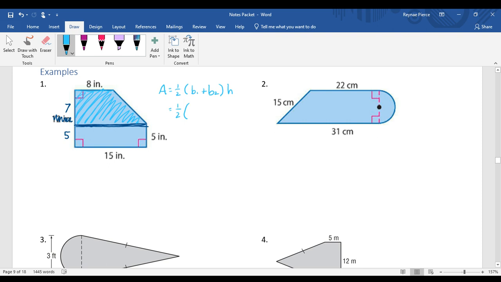So one base is 8, the other base is 15. The height of my trapezoid is 7, which means the area of just that top portion is 80.5.